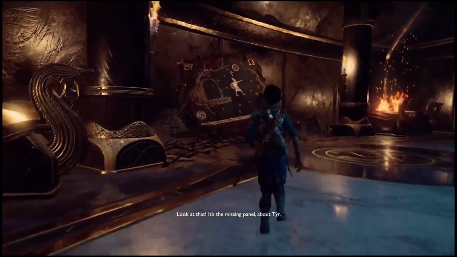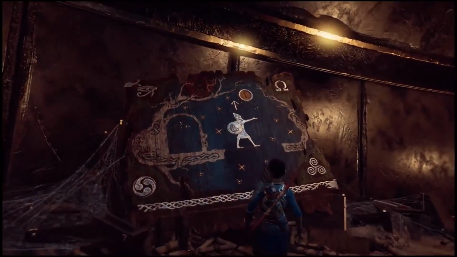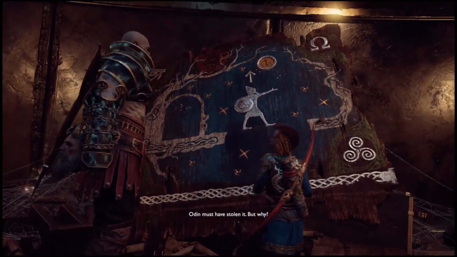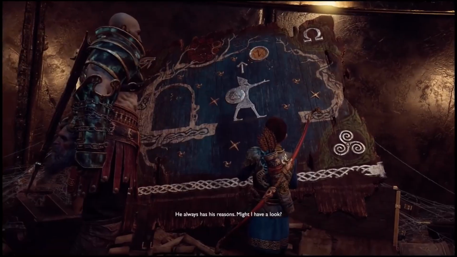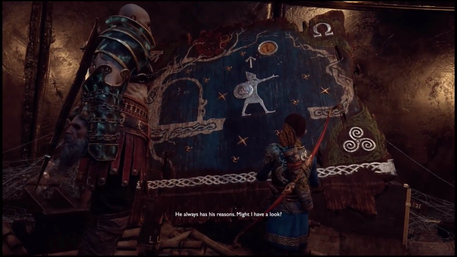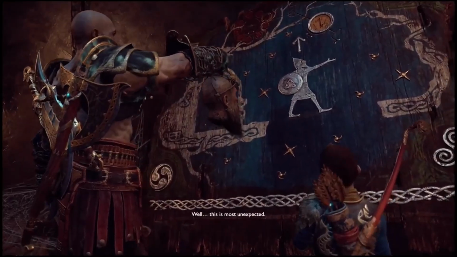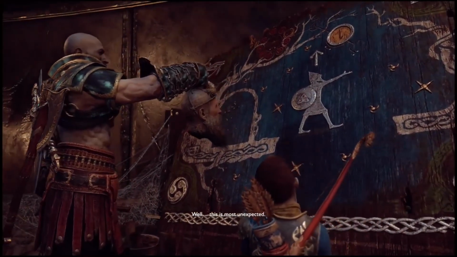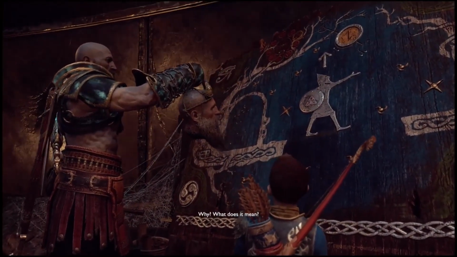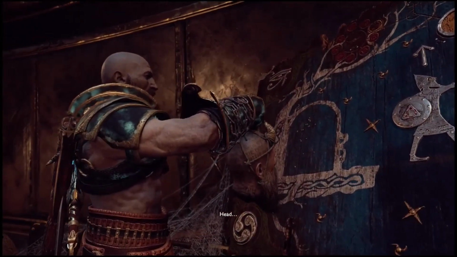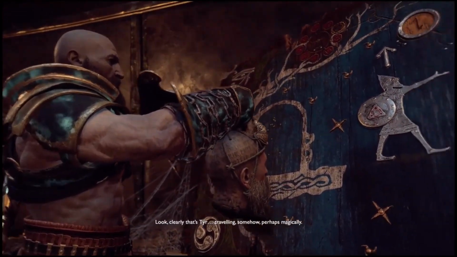Look at that! It's the missing panel about Tyr. Odin must have stolen it. But why? He always has his reasons. Might I have a look? Well, this is most unexpected. Why? What does it mean? I haven't the foggiest. Isn't that unexpected? Look, clearly that's Tyr.